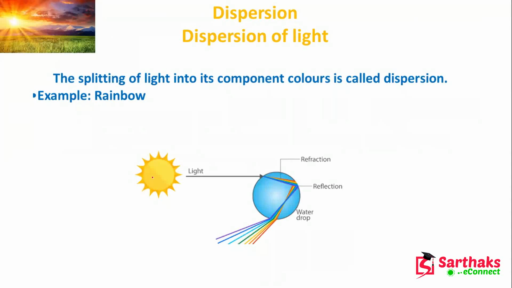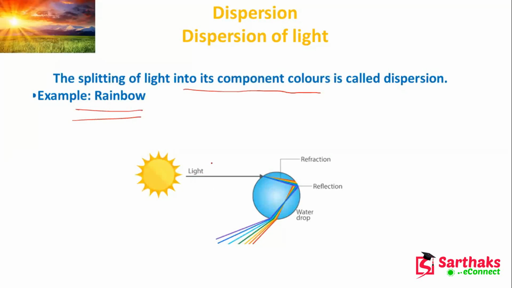Next, the dispersion of light. This is very important because we see the rainbow. The splitting of light into its component colors is called dispersion, and the main example is the rainbow.